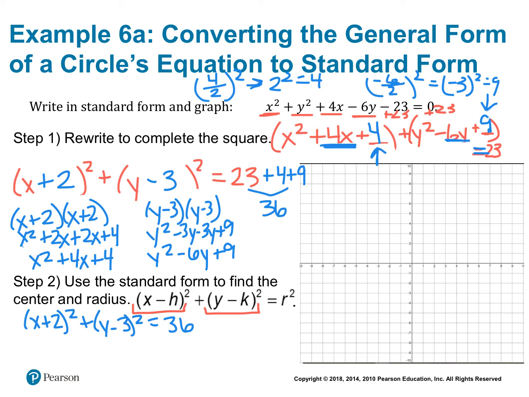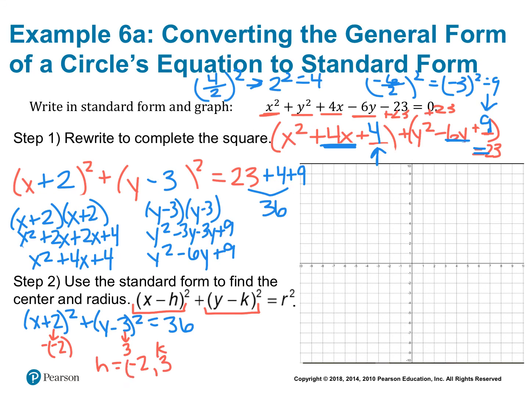So to get a positive 2 here, I would have had to minus a negative 2. So that means my h coordinate equals negative 2. To get a 3 here, I would have just had a 3 subtracted for k.